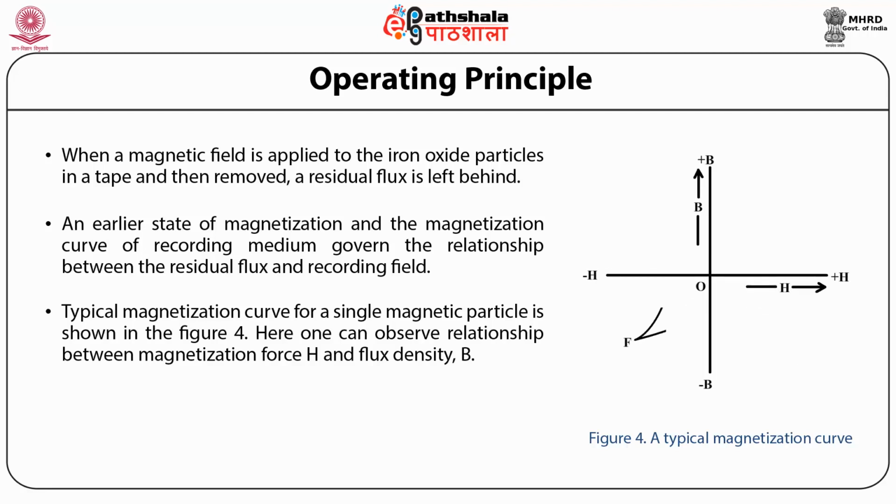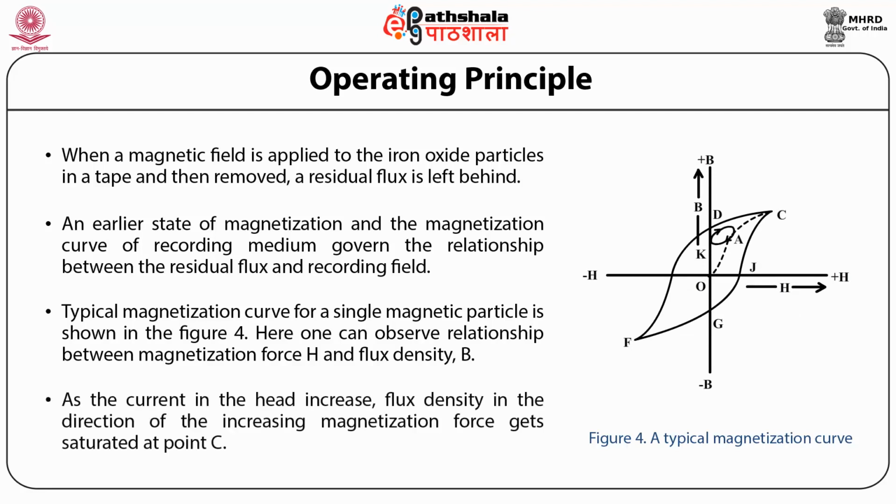A completely degaussed material is at point O. As the current in the head increases, flux density in the direction of increasing magnetization force gets saturated at point C. This can be observed along the path OAC.